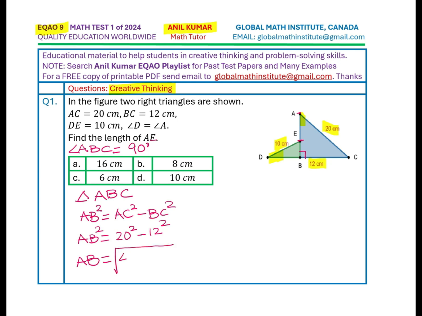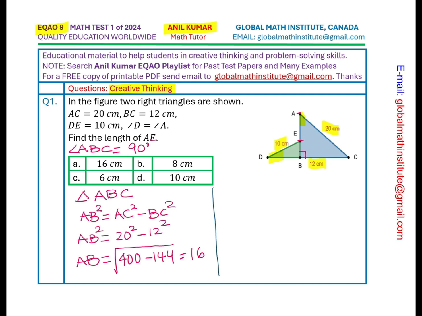Which is 400 minus 144. Calculator is allowed. You can take the help of calculator. 400 minus 144 and then square root your answer. You get 16. So we know that the length A to B is 16.